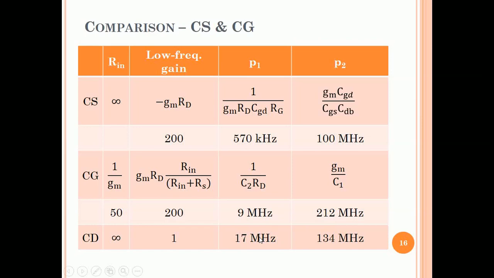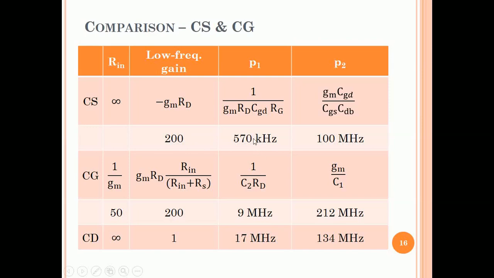And so, whenever there is a cascade of multiple stages, so there may be a common source, common drain, or common source, common gate, common drain, any combination, generally one tends to ignore the frequency components caused by the common drain or the source follower because they are always at a higher frequency.